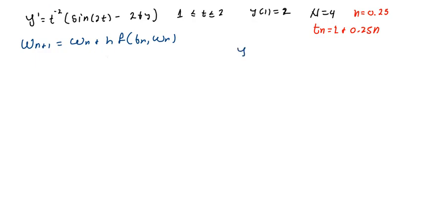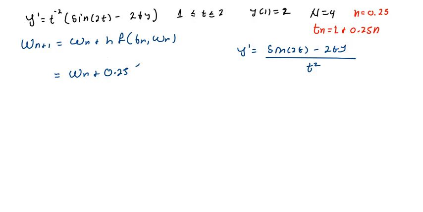So y prime is equal to sine 2t minus 2ty, divided by t squared. This is what I'm going to use. So w sub n plus our h, which is 0.25, times f of open bracket t sub n, which is 1 plus 0.25n, comma w sub n.